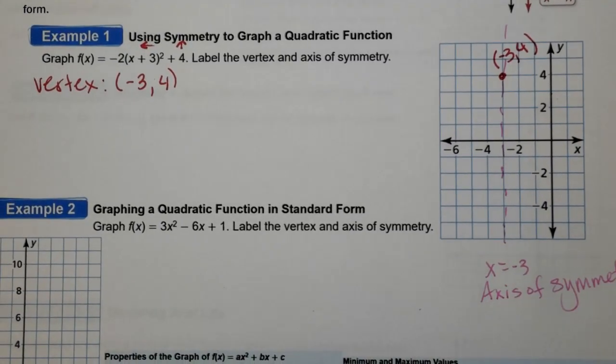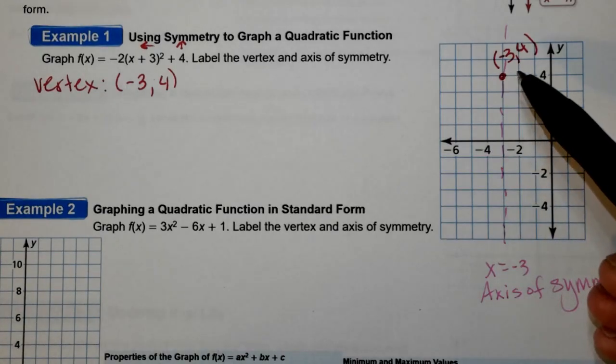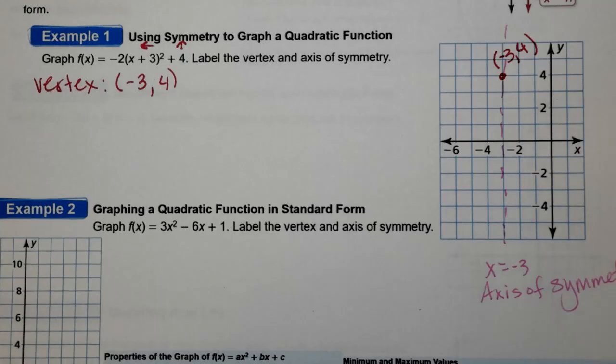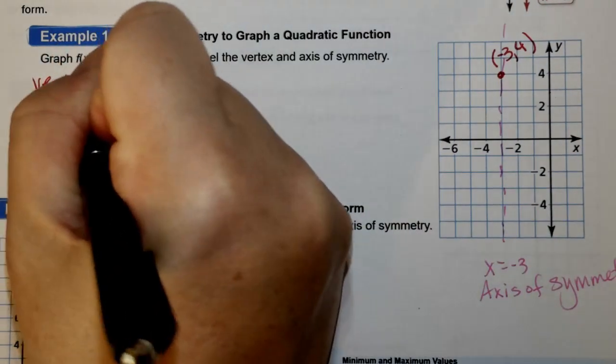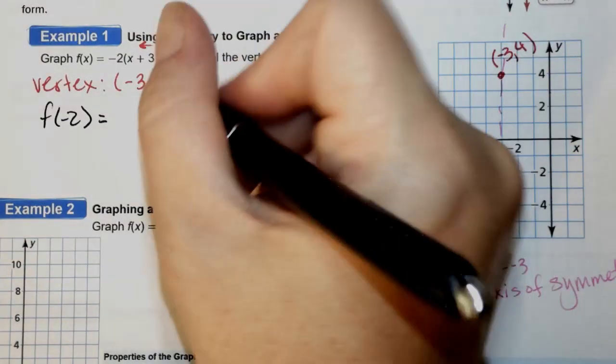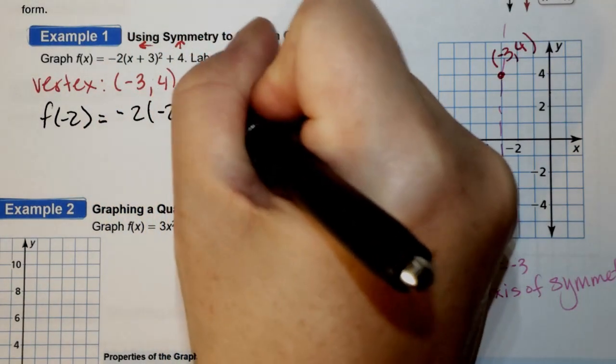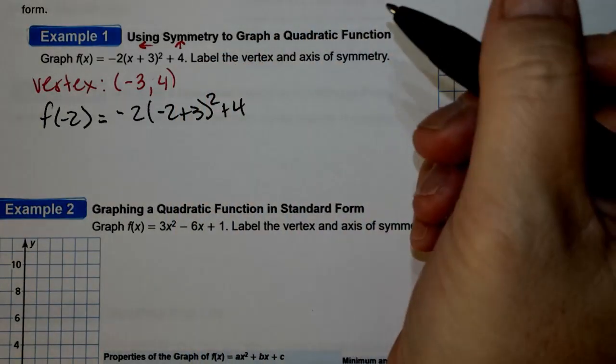Now we need another point. How do we figure out another point? Let's go close to our vertex. Let's go -2, so we're going to plug -2 into our equation. We have -2 times (-2 plus 3) squared, plus 4.